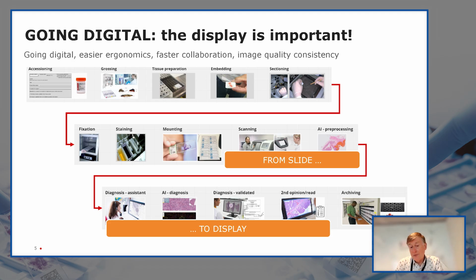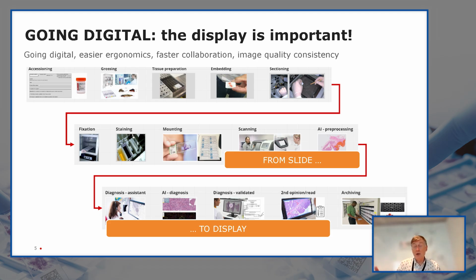Before it is finally signed out by the main pathologist, where the diagnosis is final and the report is generated, the slides can then be archived in a kind of digital archive. So a lot of changes from microscope to the monitor.